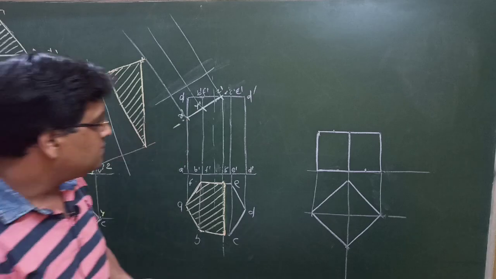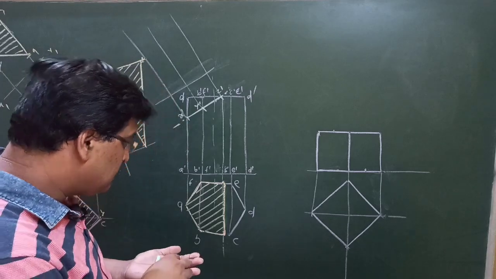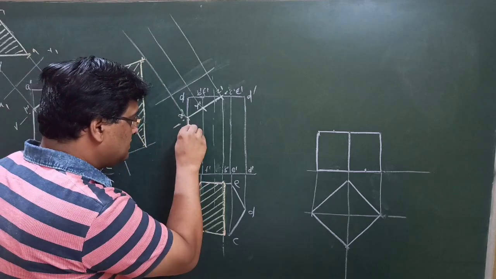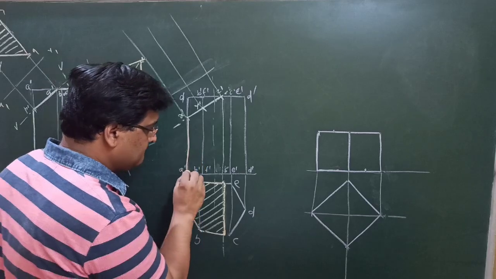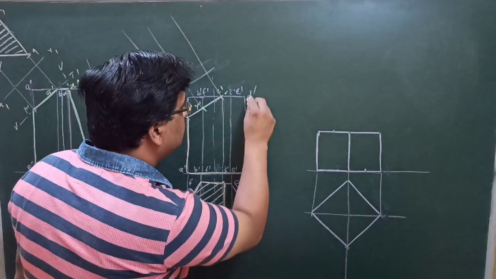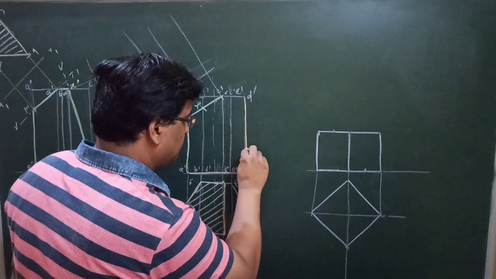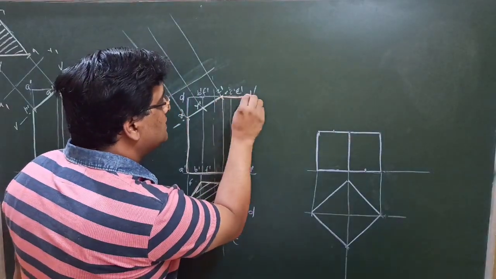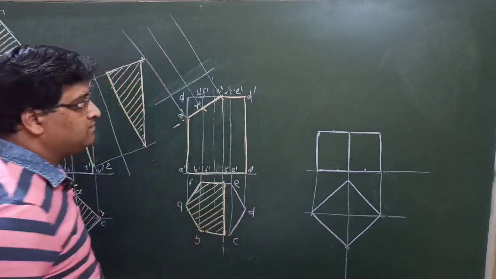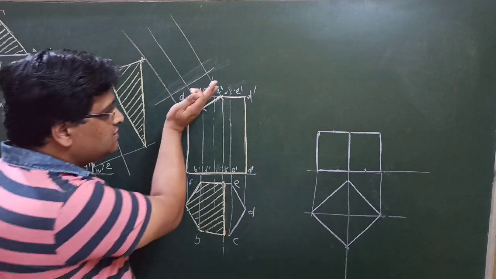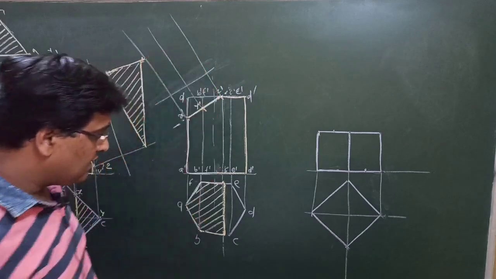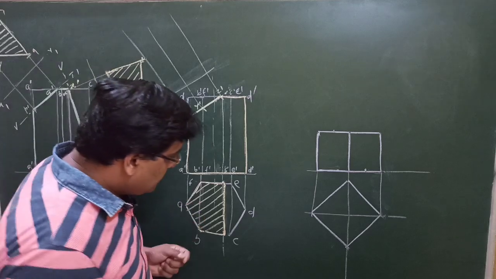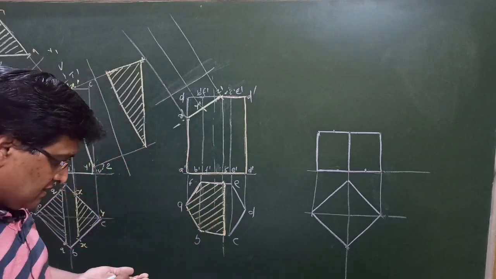So here we have to darken only the lower part, this part. Since this part has been removed, it will be lighter. As far as the top view is concerned, this is the sectional top view.